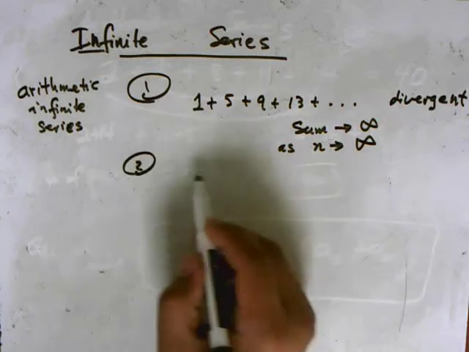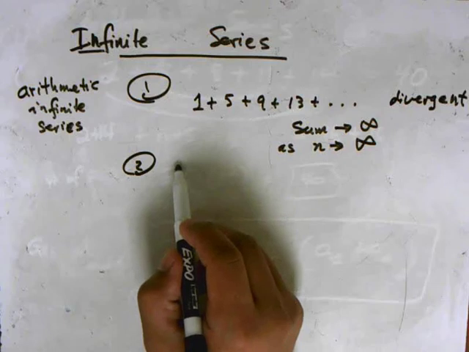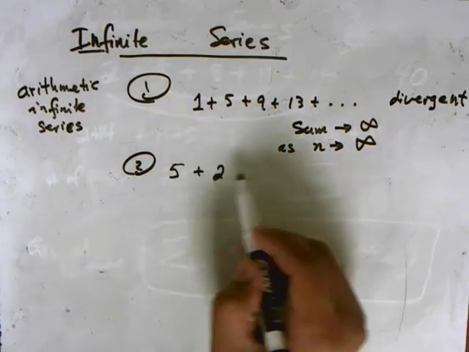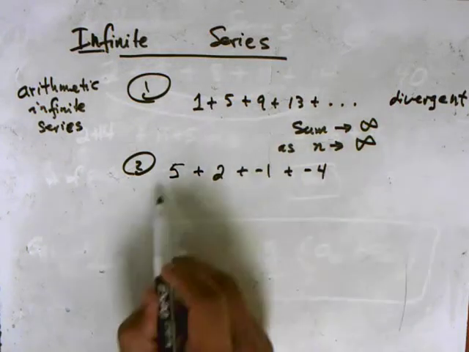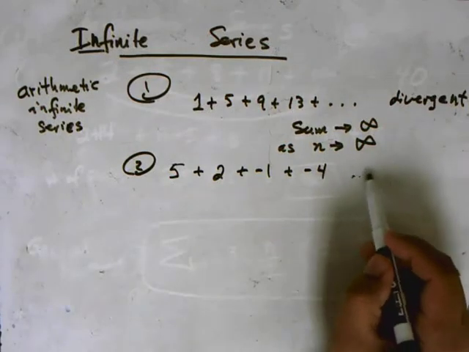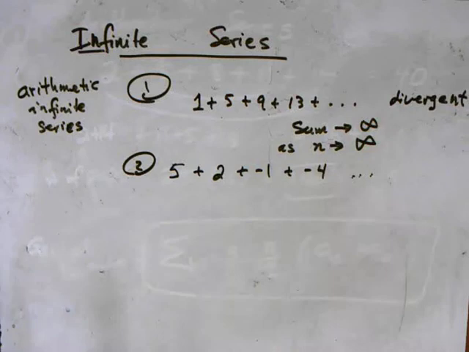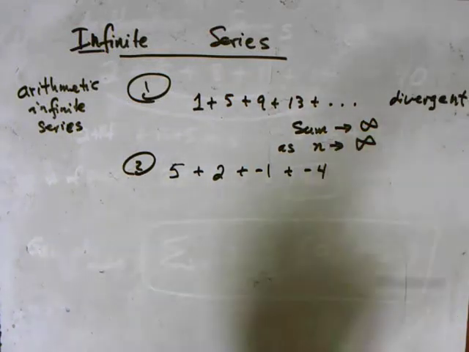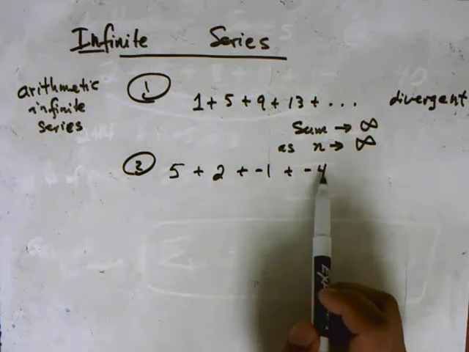And in the other cases, even if we start with something with a negative difference, like let's say I started with 5 plus 2 plus -1 plus -4, so I'm decreasing by 3 each time. It's not going to be a positive number, but it's going to get towards the negative end. So it's going to get a bigger and bigger negative number. So let me illustrate here. 5 plus 2 is 7, minus 1 is 6, minus 4 is 2.